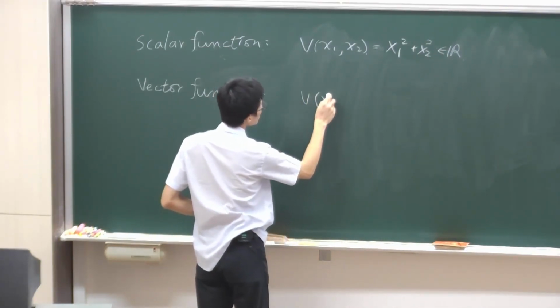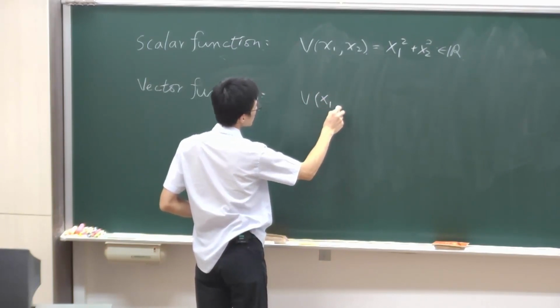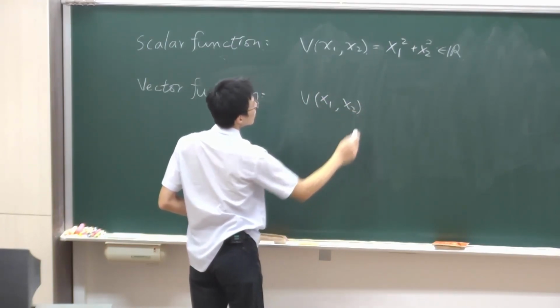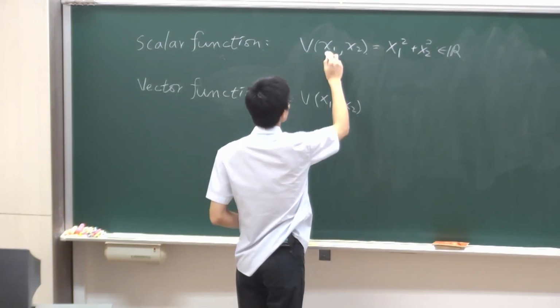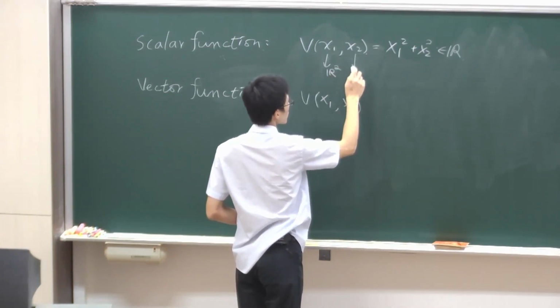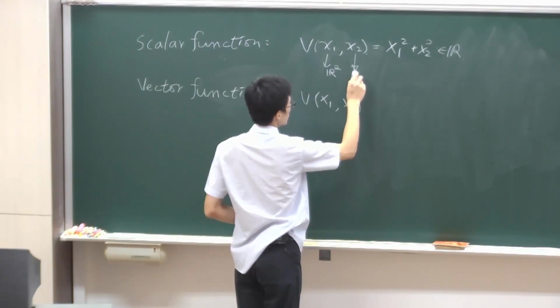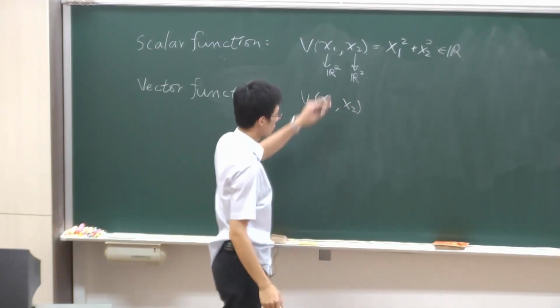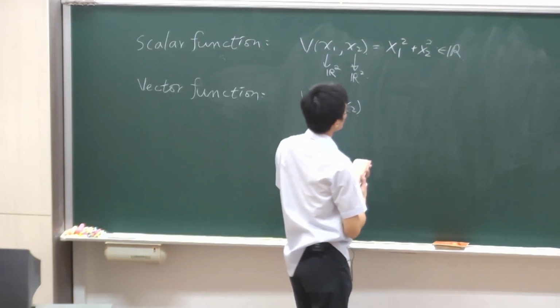For a vector function, say this is a vector, a 2 by 1 column.